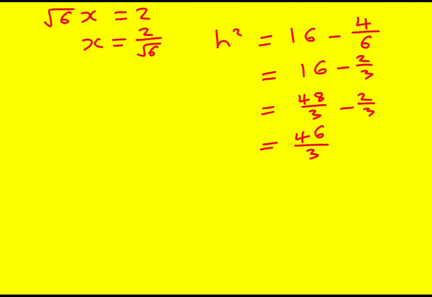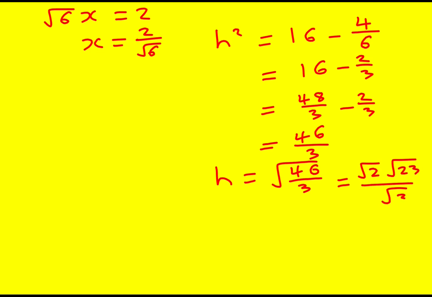And that means that h is going to be root 46 over 3, or equivalently root 2 root 23 over root 3.